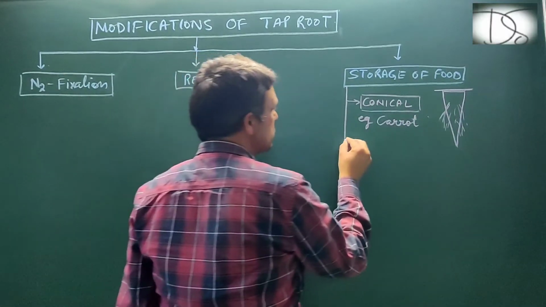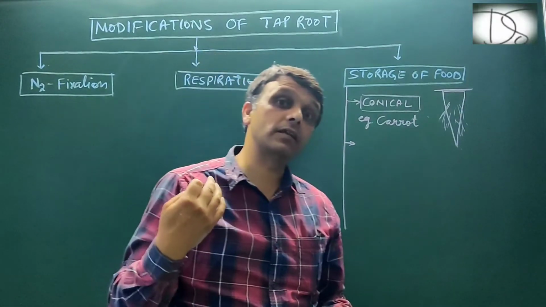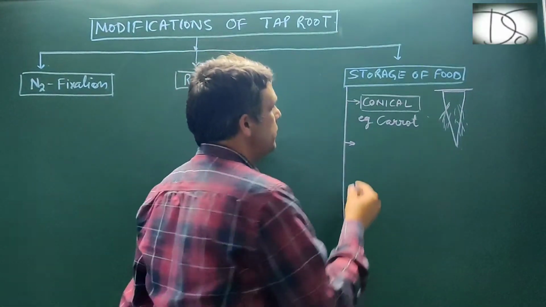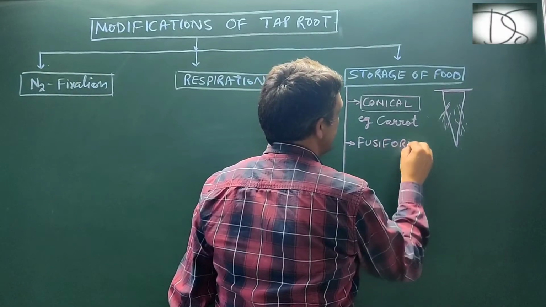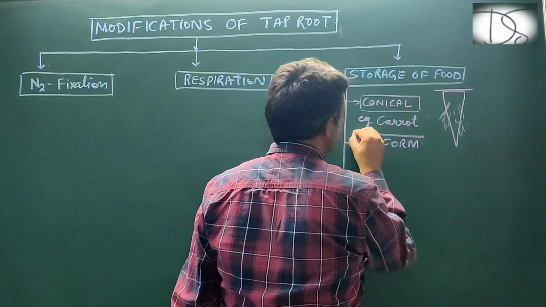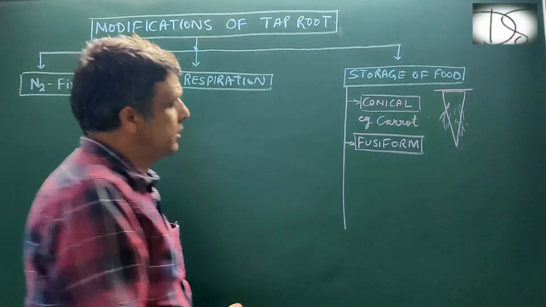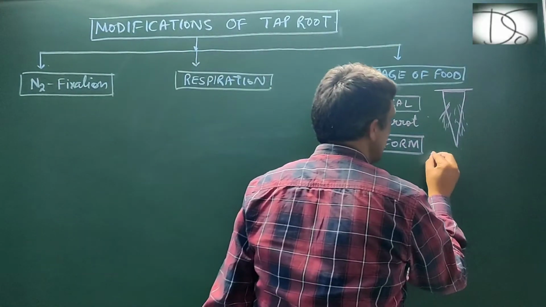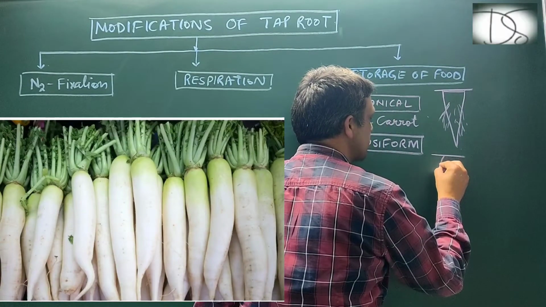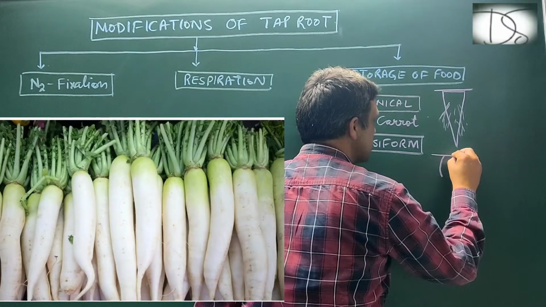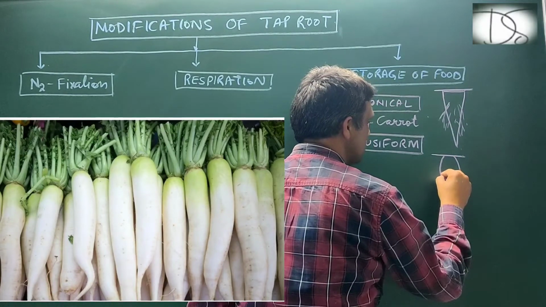The second modification we have talked about is the fusiform type of roots. When we talk about fusiform roots, these roots are swollen at the middle and they taper towards both the ends, but the tapering towards the lower end is more as compared to the upper end.